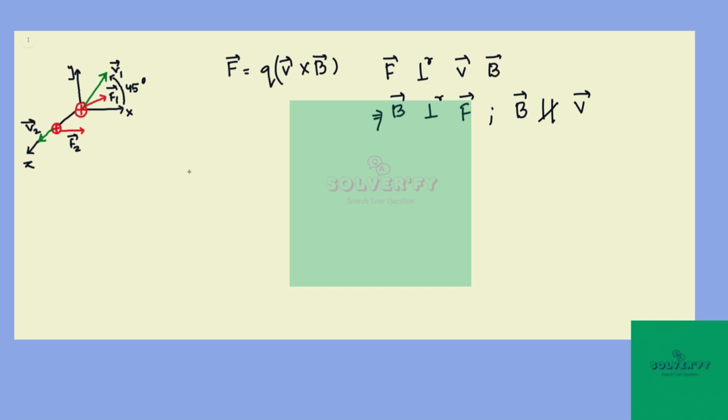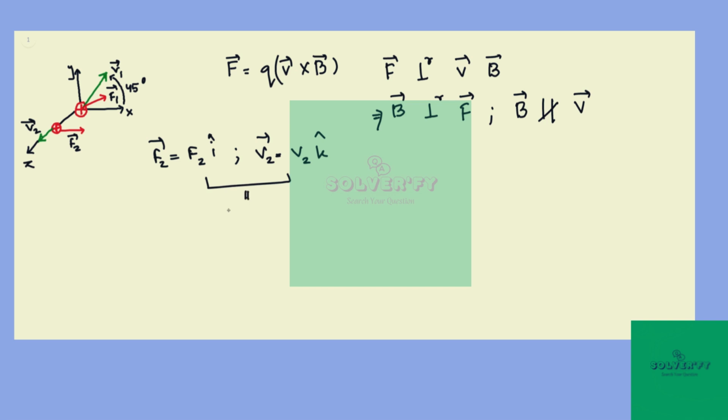So F2 is in the positive x direction, and velocity v2 is in the z direction. The magnetic field vector B should be perpendicular to F2 but not parallel to V2.